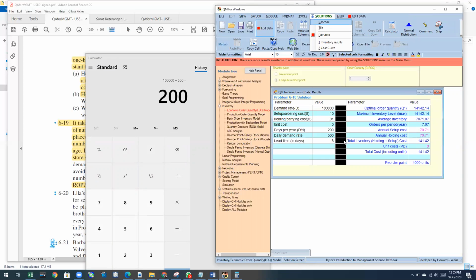Because when the software multiplies the daily demand rate by the number of days, and if it doesn't fit 100,000, then we're going to have a problem. Okay, so we have 200 working days in a year, and this is what we get. We get an EOQ, optimal order quantity, of 14,142.